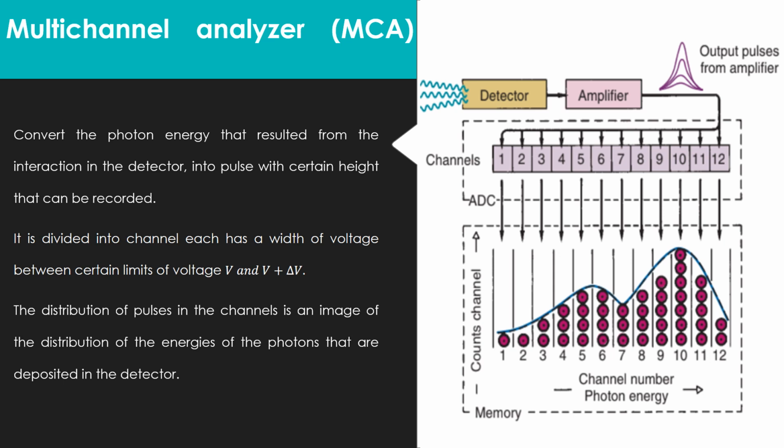I mean that the lower limit of voltage is V, the upper limit of voltage is V plus delta V, and the width of the voltage is delta V. The distribution of pulses in that channel is an image of the distribution of energies of the photons that are deposited in the detector.